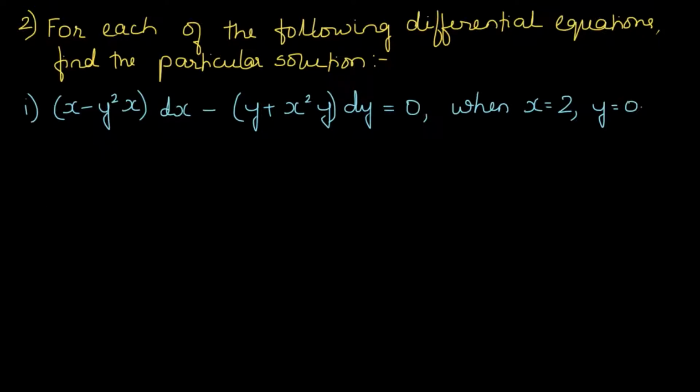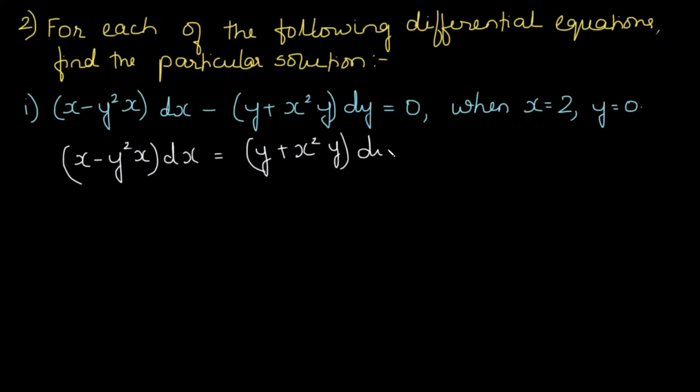So in this case, we have (x − y²x) dx is equal to (y + x²y) dy. So we have written the second term on the RHS when it becomes positive.